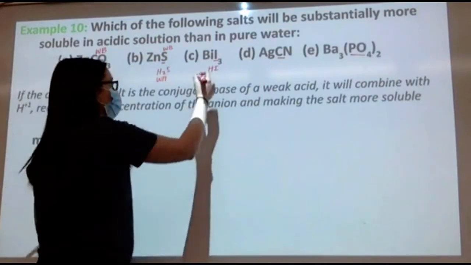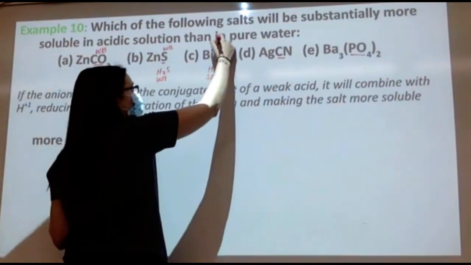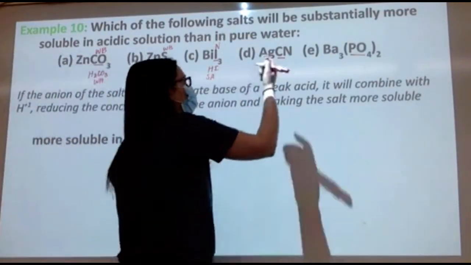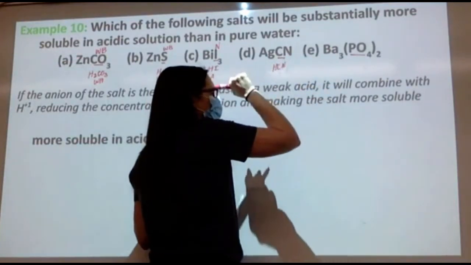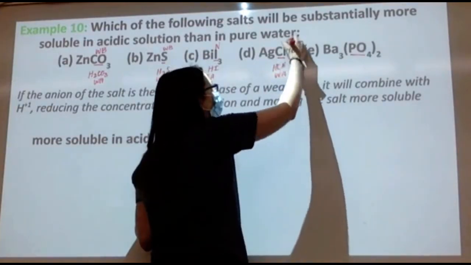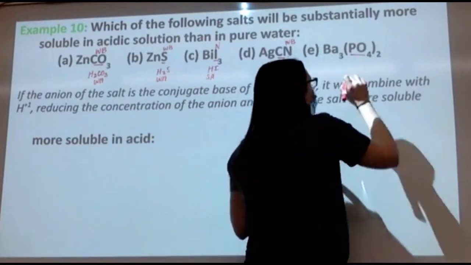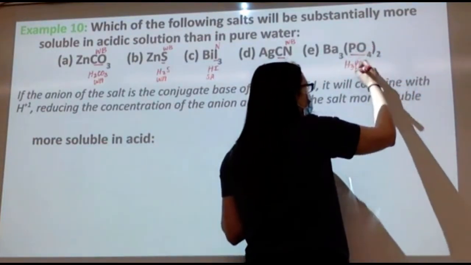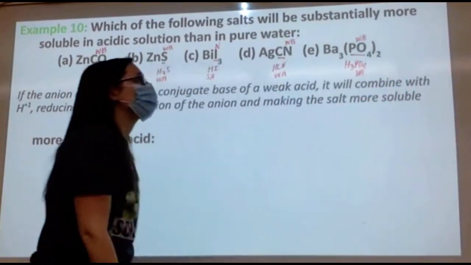Those are 3 of the strong acids. Well, if HI is strong, that means that I minus is neutral. CN minus comes from HCN. Right? HCN, not a strong acid, which means CN minus is a weak base. And PO4 3 minus would come from H3PO4, also a weak acid. Therefore, this is a weak base.